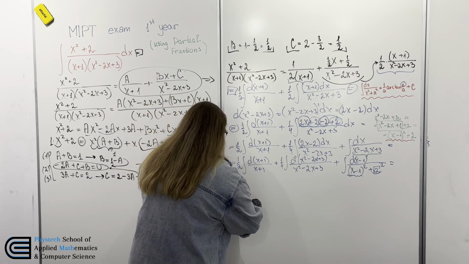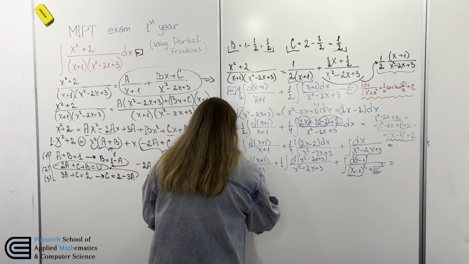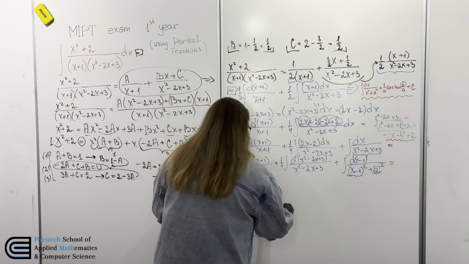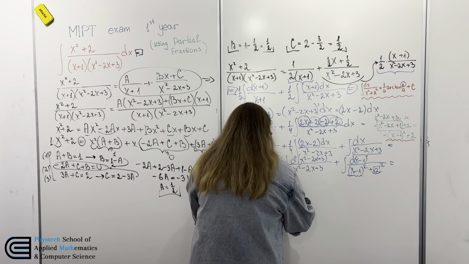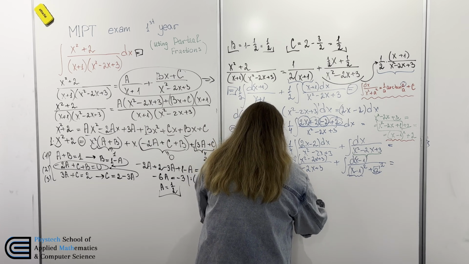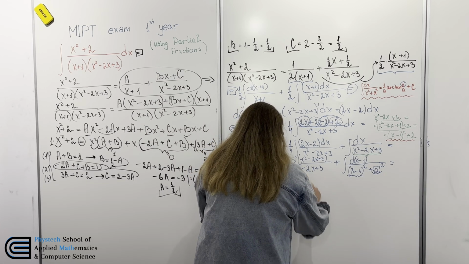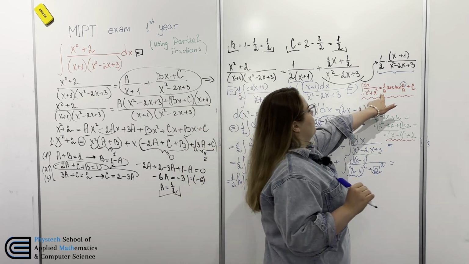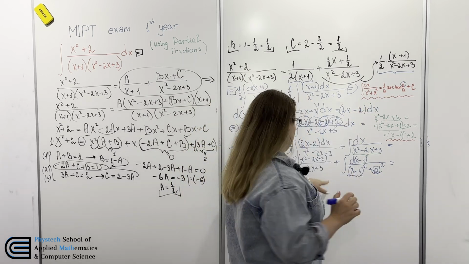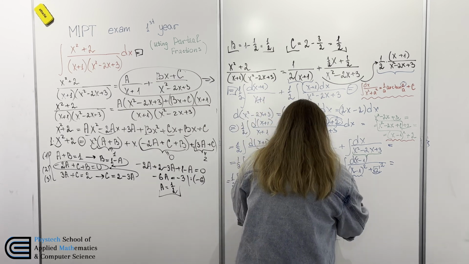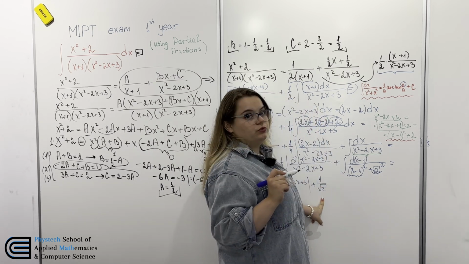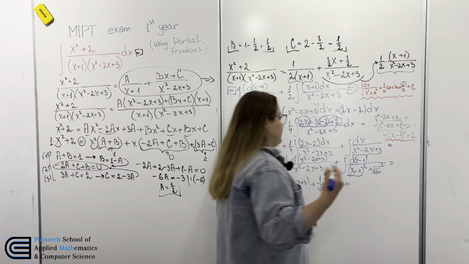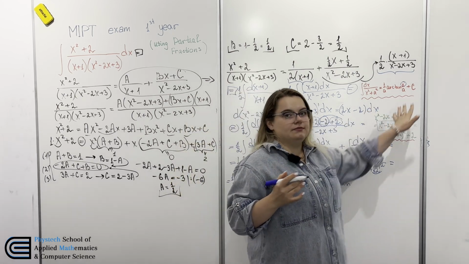Let's write it. 1 divided by 2 logarithm of the absolute value of x plus 1, plus 1 divided by 4 logarithm of the absolute value of x squared minus 2x plus 3, plus, now 1 divided by a, 1 divided by square root of 2, then arctangent of x divided by a.